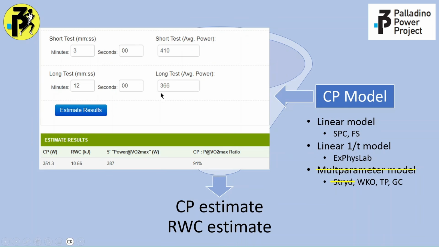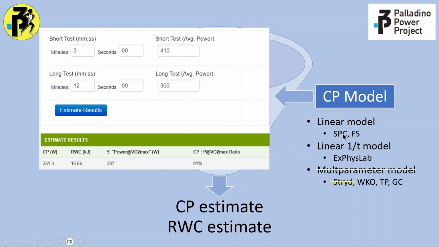So let's start by popping the data points into the model. Now, this is an athlete that recently did a 3-minute, 12-minute CP test, and they had 410 watts for the 3-minute test, 366 watts for the 12-minute test.